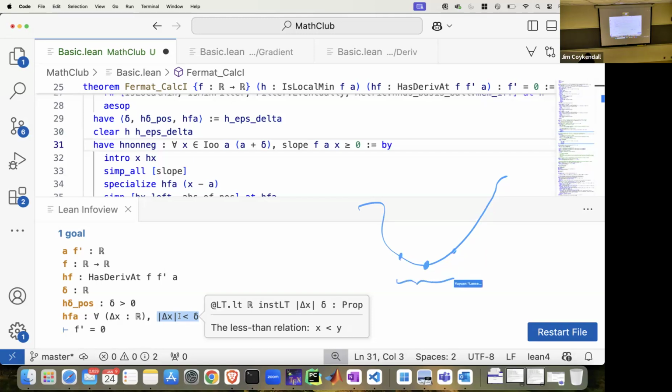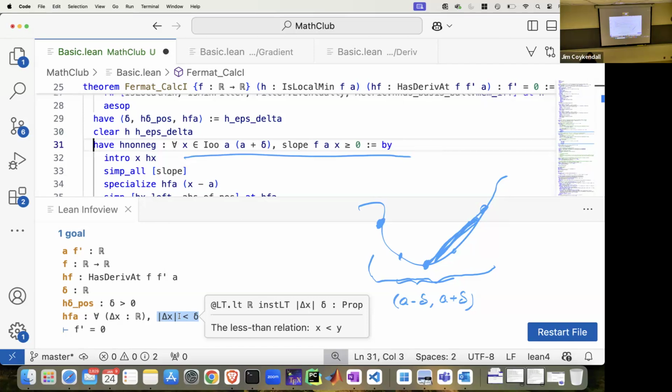So there is this very small interval from a minus delta to a plus delta. Well, actually, let me move it a little bit wider. So say this is the interval instead. First, I'm going to show that for any x in the right part of the interval, the slope is going to be greater or equal to 0.